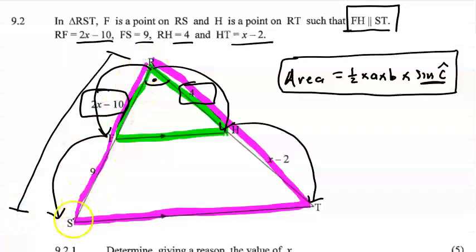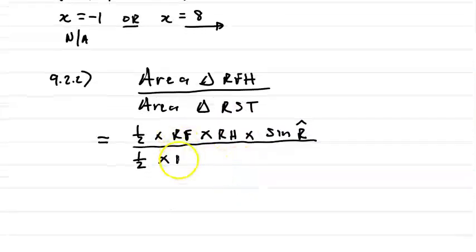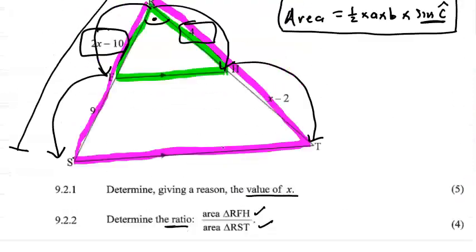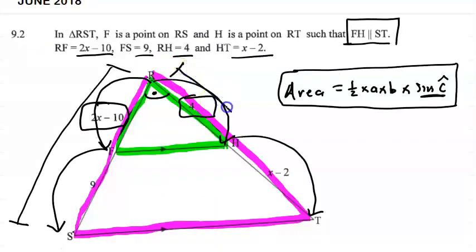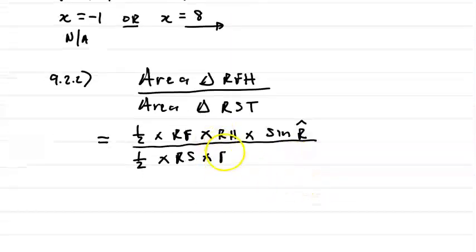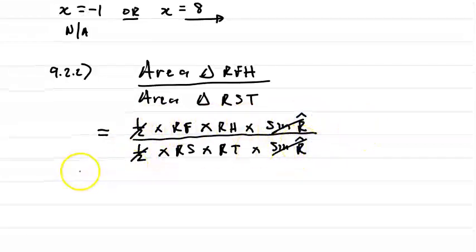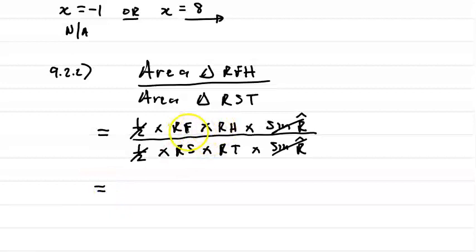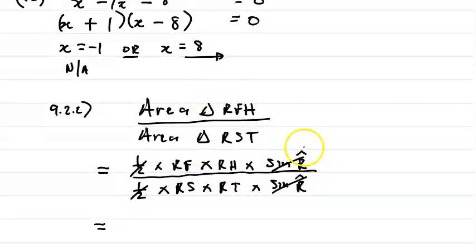So that will be RS times the side here, which will be RT, times sine of the included angle, which is sine of R. So if you look very carefully now, you can cancel half with half, sine R with sine R. So all that's left for us to do now is substitute our values for RF, RH, RS and RT. Now don't forget that x is equal to 8, so we have to now substitute.